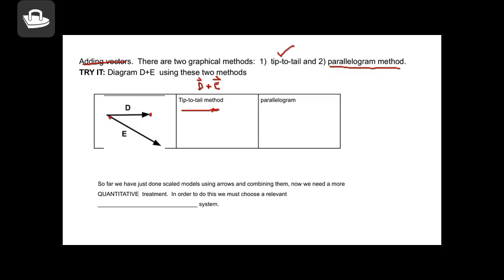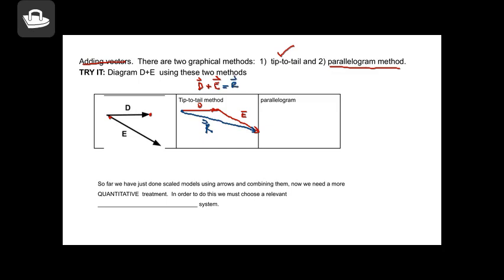So that's the start of E, and I'm just trying to make that parallel there. So that's vector E, that's vector D, and then the resultant, you start it where you started your first vector, and you finish it where you have finished your second vector. So that would be what I'm going to call vector R, the resultant vector. So that's what we've learned before.